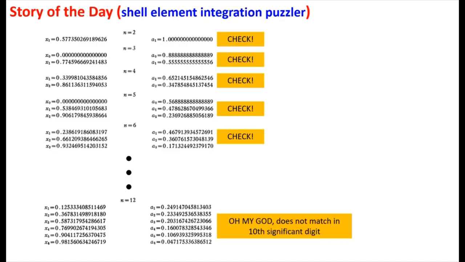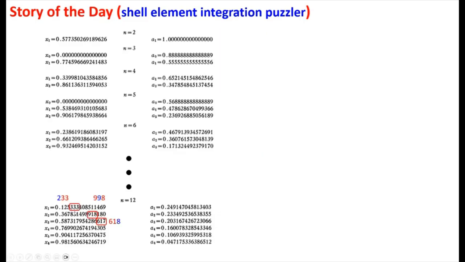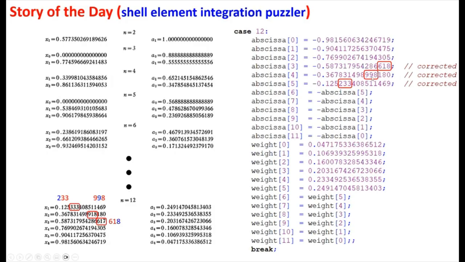And every single thing was right in this giant set of numbers except those right there. The paper says 333, it's supposed to be 233. So only these digits are different.